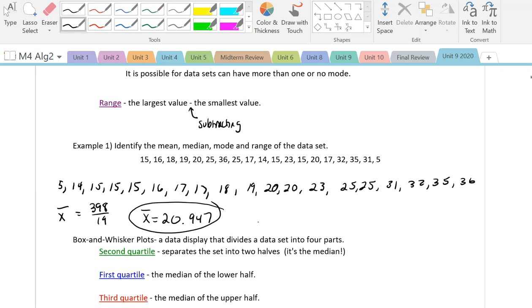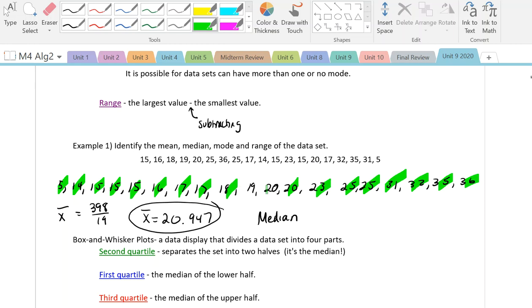Alright, so then to find the median, if I have 19 numbers, that means I should block off 9 on each side. 1, 2, 3, 4, 5, 6, 7, 8, and 9 on both sides.